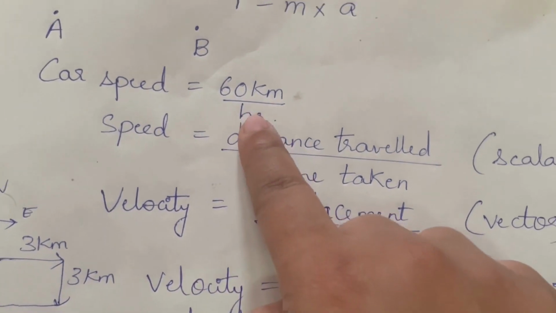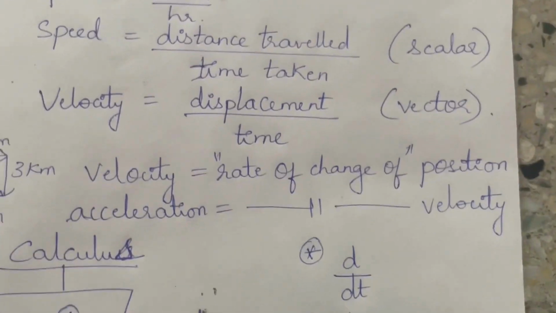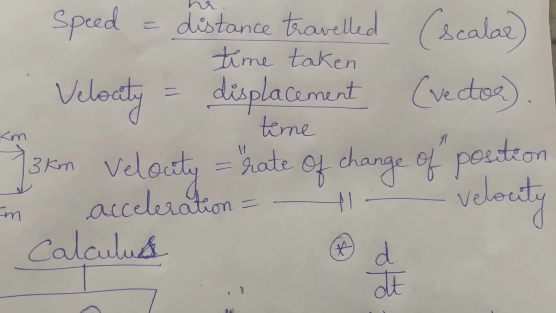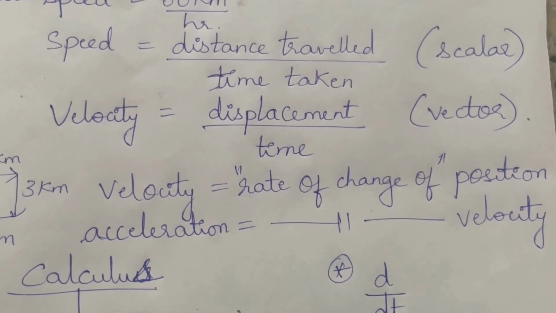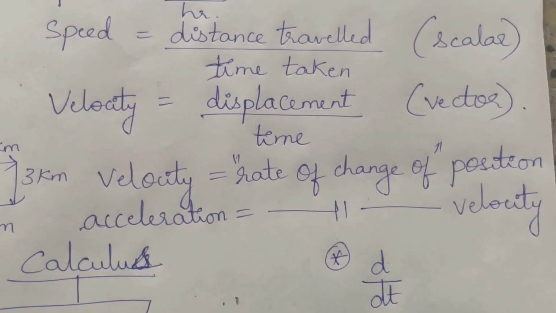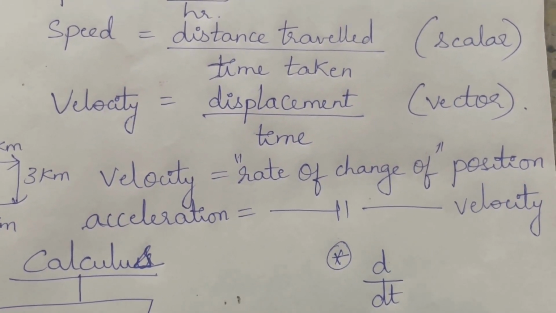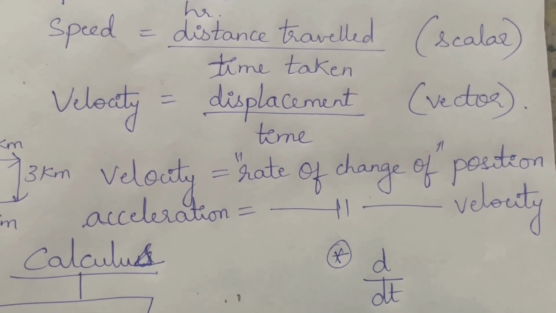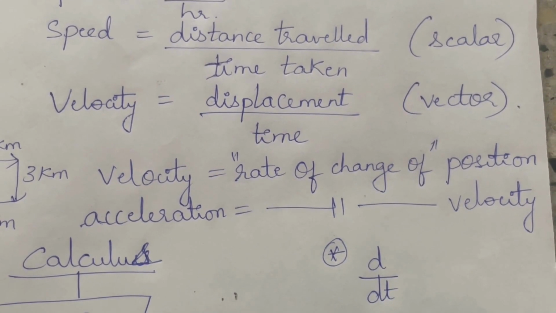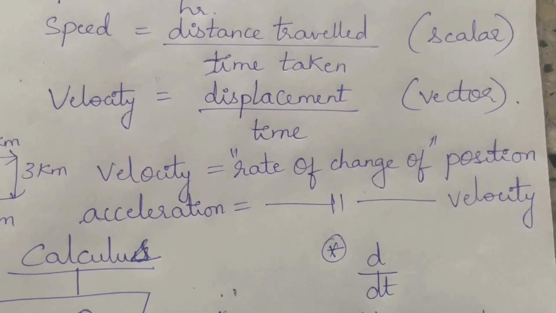But let's say I am going in a vehicle which is going 10 km per hour in the first hour, then it is going 20 km per hour, then it is going 30 km per hour. Now what is the change in velocity? From first to second it is 10 km per hour, because it went from 10 km per hour to 20 km per hour.